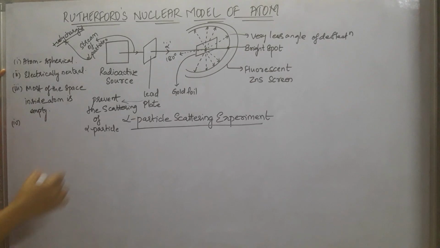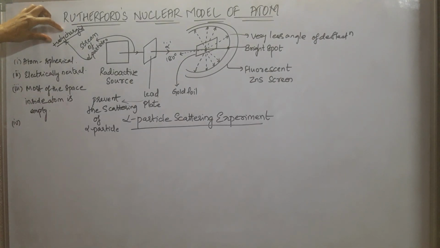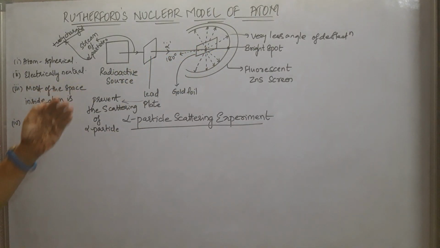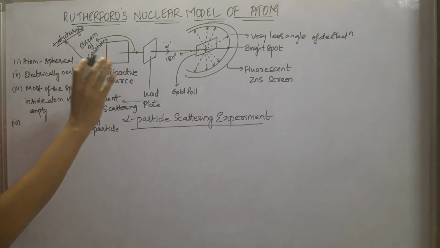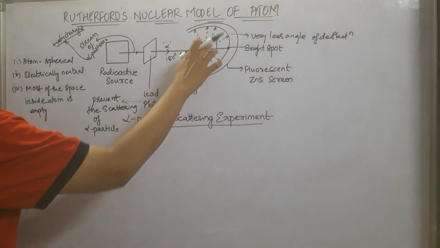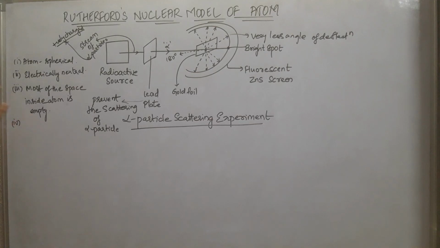As we know, like charges repel and unlike charges attract, so this positively charged particle shows deflection only when it goes near a positively charged center. The majority showed zero deflection, and few of them showed minute deflections. So he concluded that the positively charged center in the atom is concentrated at one point.